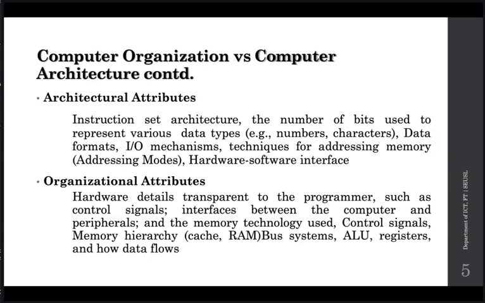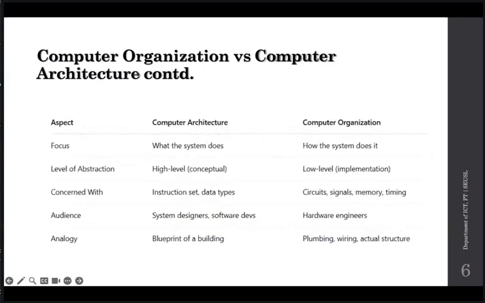And details like what the RAM is, what the bus is, what the ALU is, what parts you are going to connect, and how the data is flowing, all those details are called organizational attributes.